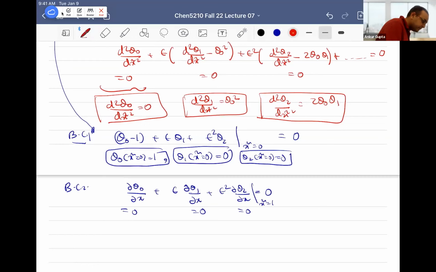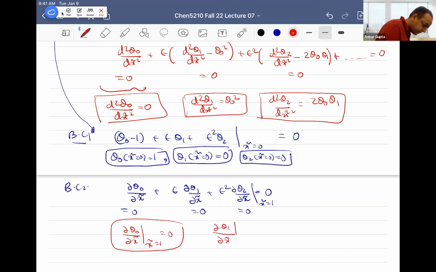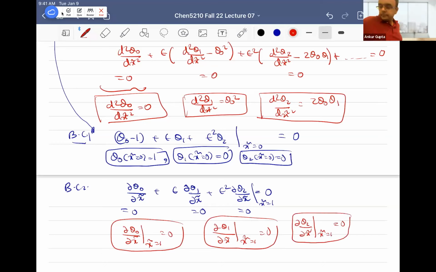So ∂θ₀/∂x, these are all tildes. Any questions here? I know this looks cumbersome, but hopefully you can follow along.